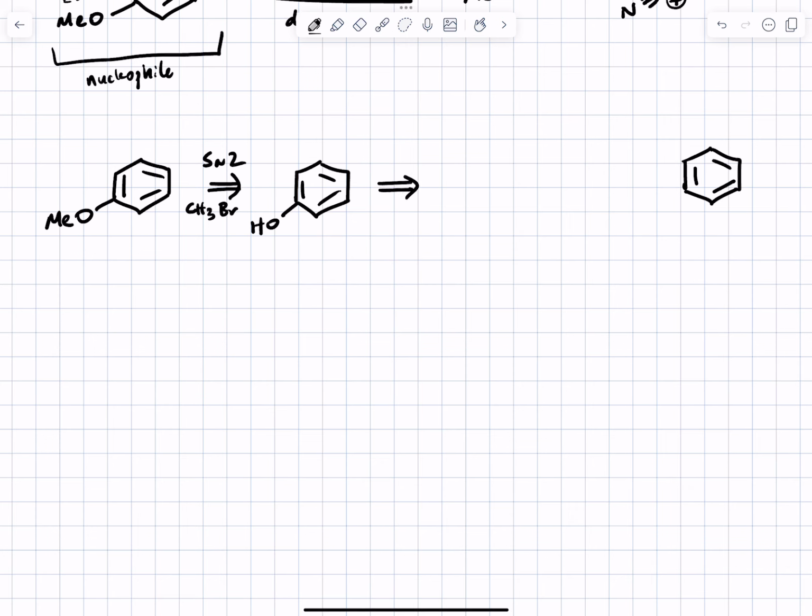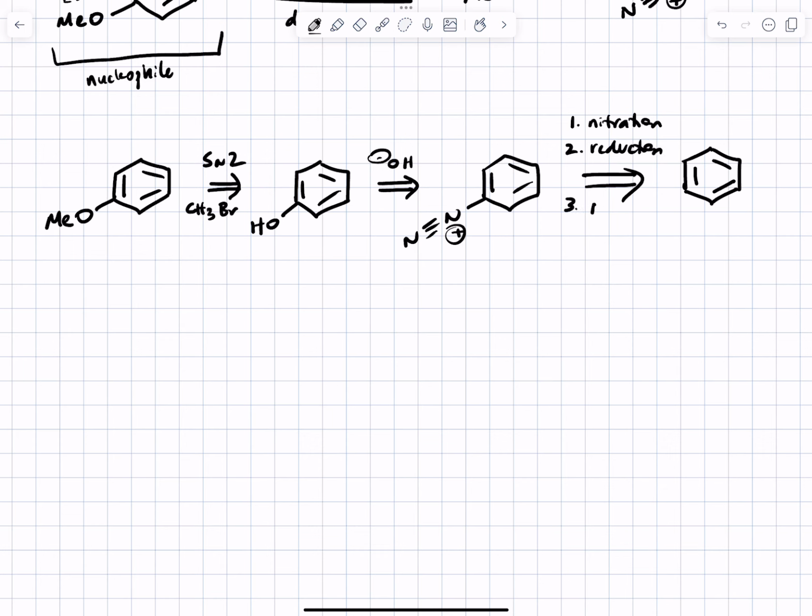And we could get the phenol using hydroxide from the previous diazonium ion, and we could get that from benzene if we do this reaction series: nitration, then reduction to the aniline, and then that diazotization reaction with sodium nitrite and HCl. I'm going to leave that to you to work out in the forward direction, confirm that it works, but does that make sense strategically? New tools that you're going to want to practice with.